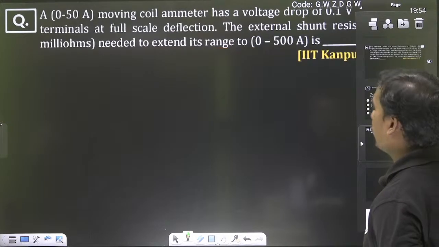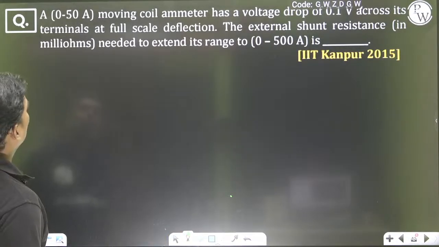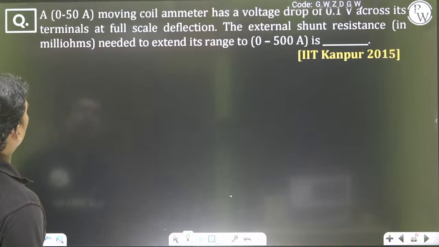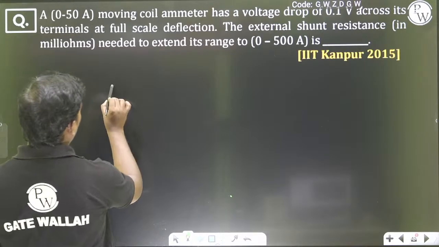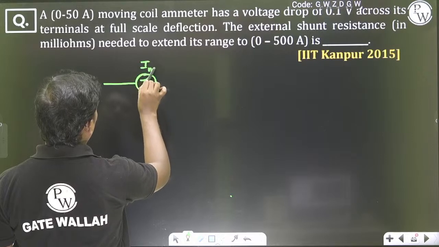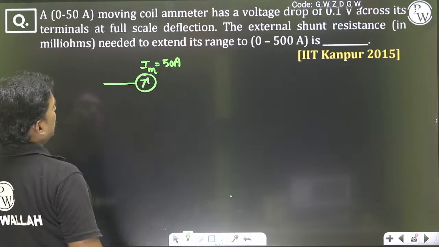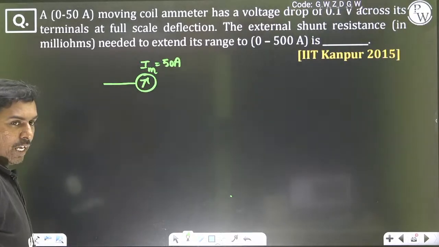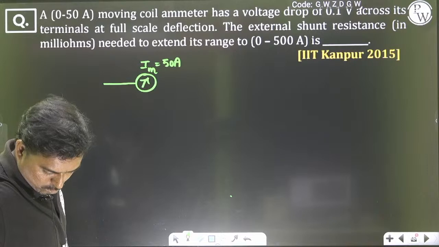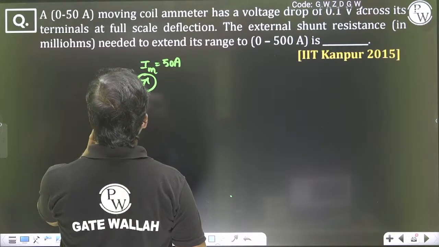IIT Kanpur 2015 question. A 0 to 50 amperes moving coil ammeter is asking the external shunt resistance. So if you see, this is the Im, 50 amperes. The moving coil ammeter has a voltage drop of 0.1 volts across its terminals.